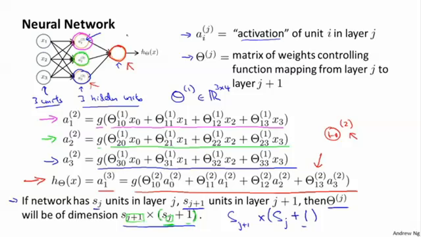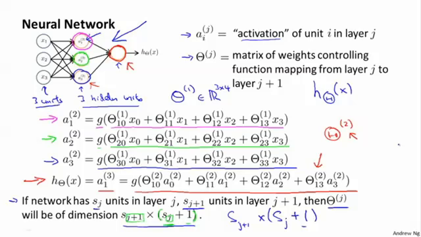To summarize, what we've done is shown how a picture like this over here defines an artificial neural network which defines a function h that maps from x's input values to hopefully some space of predictions y. And these hypotheses are parameterized by parameters that I'm denoting with capital theta, so that as we vary theta, we get different hypotheses, so we get different functions mapping, say, from x to y.